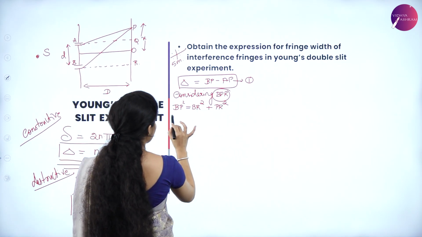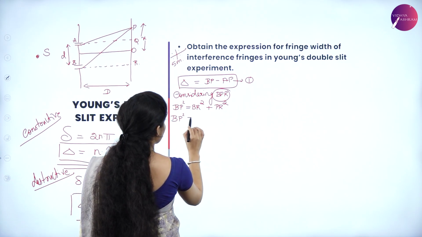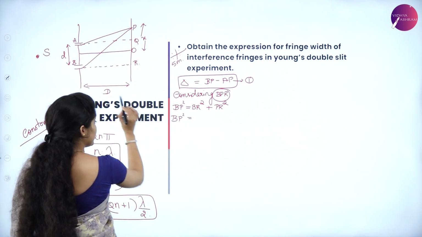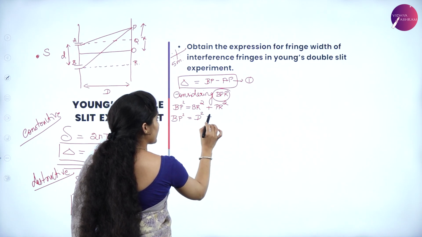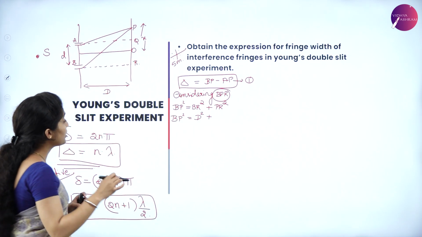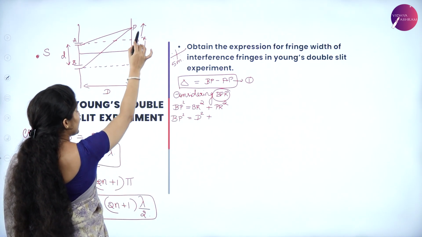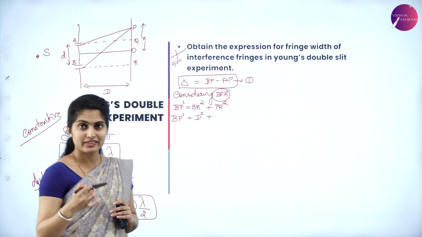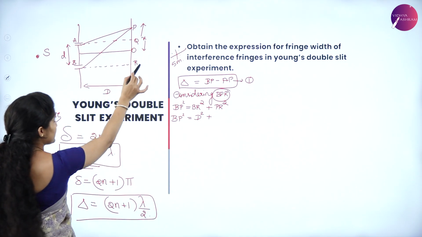BR is D, and PR is nothing but x, with half of d added.